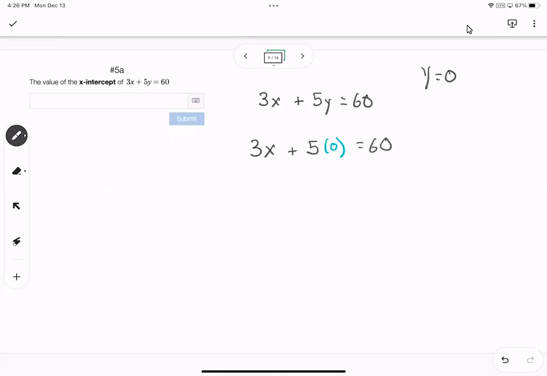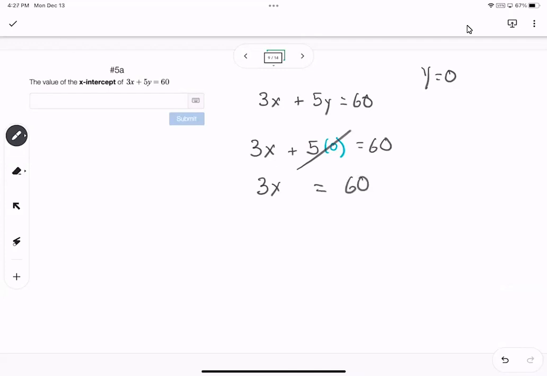Now if you look at this equation, we only have one variable. Since there's one variable, we know we can solve for x. We have 3x plus 5 times 0 is 0, so that cancels out. It becomes 0. We don't have to write the 0. This is equal to 60.